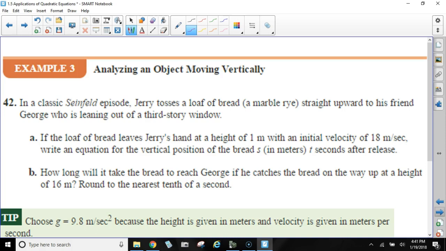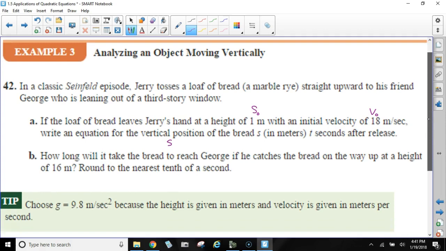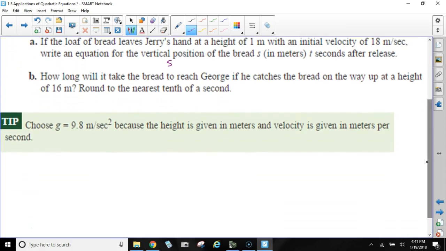On part A, it says if the loaf of bread leaves Jerry's hand at a height of 1 meter, with an initial velocity of 18 meters per second, write an equation for the vertical position, that's the s, of the bread, measured in meters, t seconds after release, after the bread leaves his hand. Then we'll tackle part B.